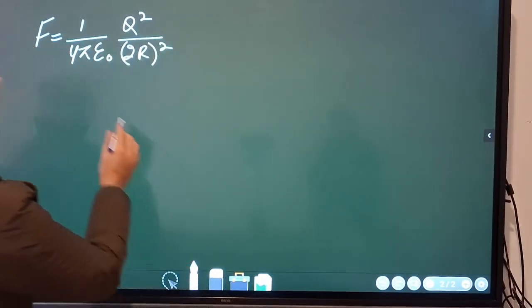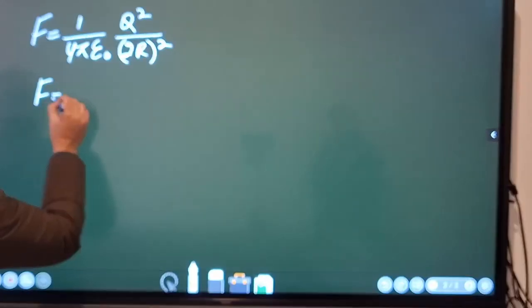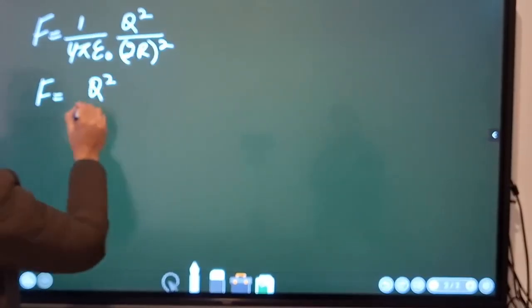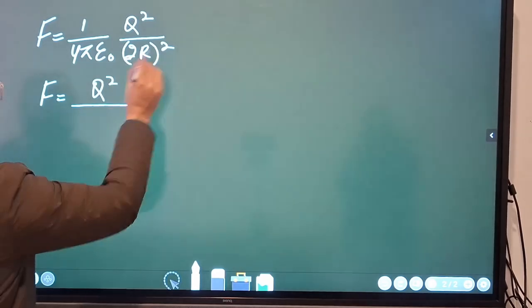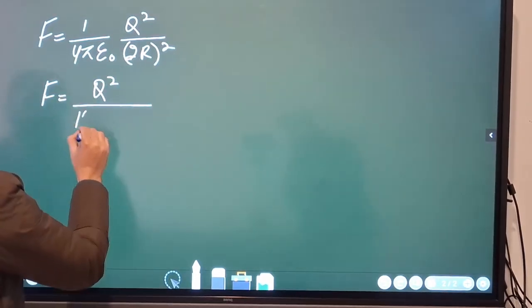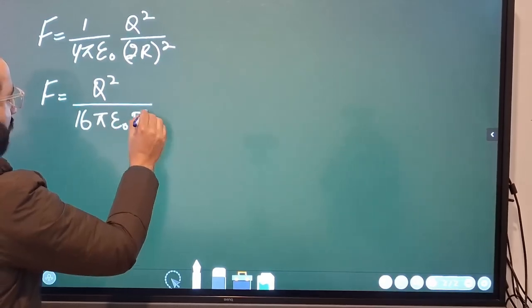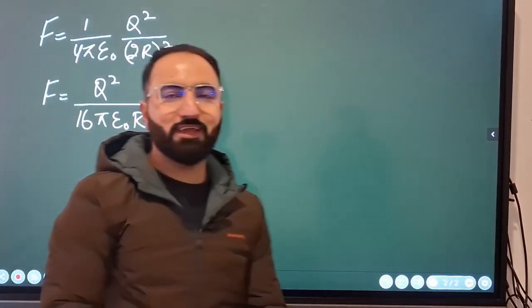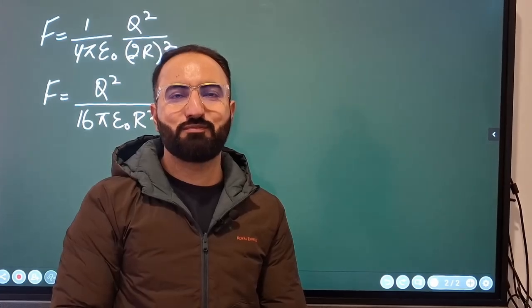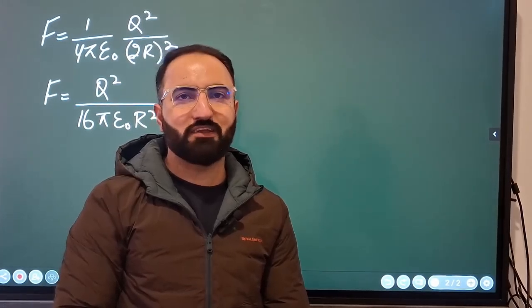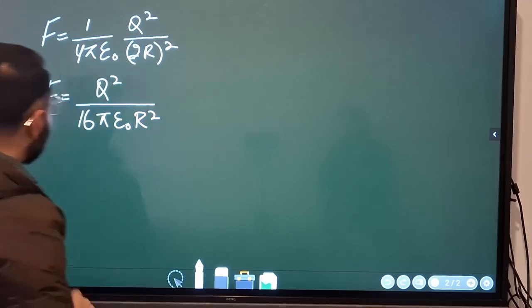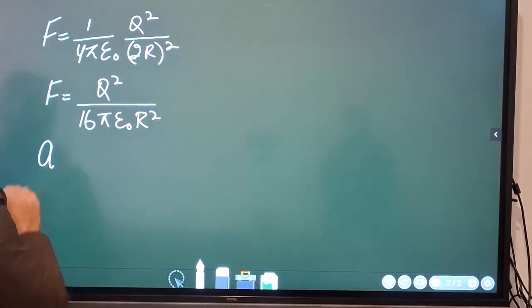Now let's solve it. This force comes out to be Q square divided by 2 square is 4, 4 into 4 is 16 pi epsilon naught R square. This is the force between the two charged particles. Next, let me calculate the acceleration.